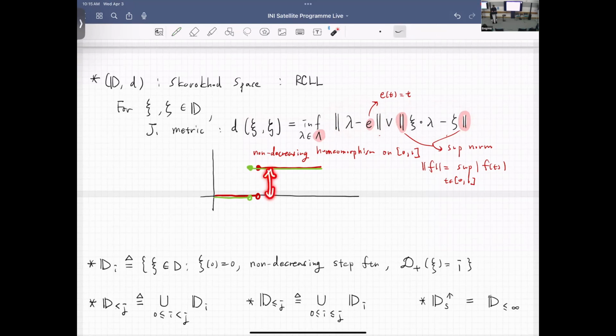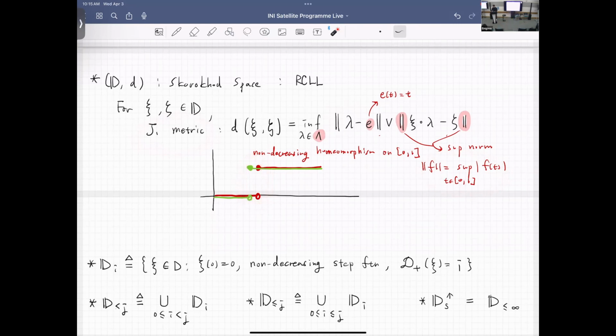Is this the distance or is this the distance? If you take the supremum norm, then the distance is this much, right? But if you allow time deformation, the distance becomes more or less like this. So what the J1 topology, the J1 metric, allows is to consider similarity like this.